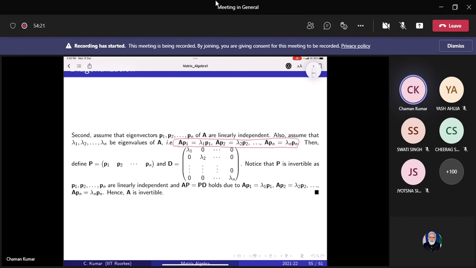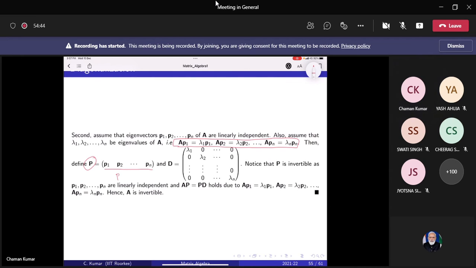Now we create the matrix P with the help of the eigenvectors of A. We define P as P1, P2, Pn, where P1, P2, Pn are eigenvectors of A. These are linearly independent eigenvectors that we have assumed at the beginning.